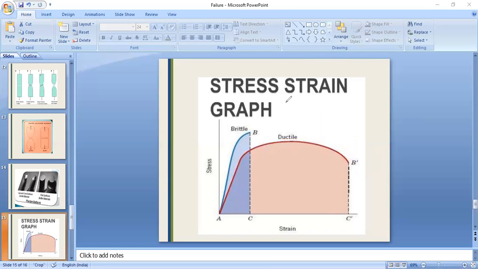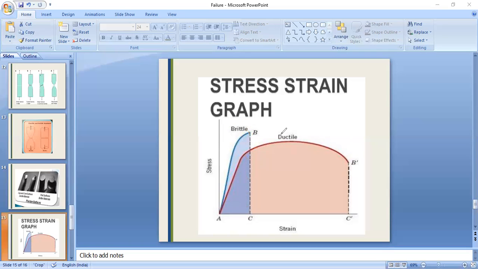Even here you can see the energy absorption of the material. Energy absorption in a brittle material: see the area up to the fracture point of the brittle material. This is the area of the energy absorbed. Very little energy is absorbed by a brittle material before fracture.